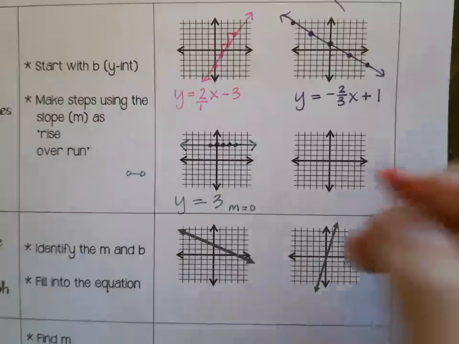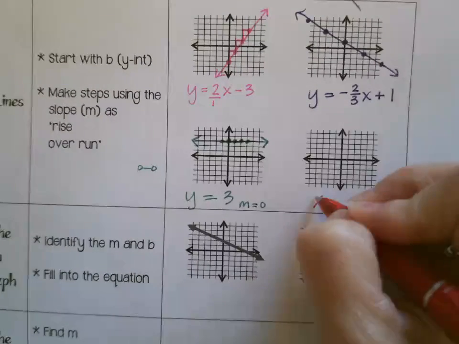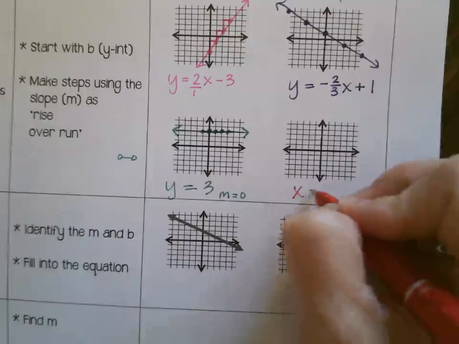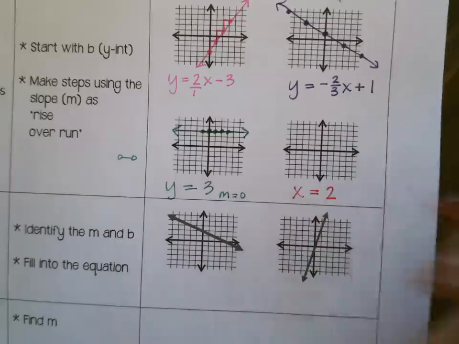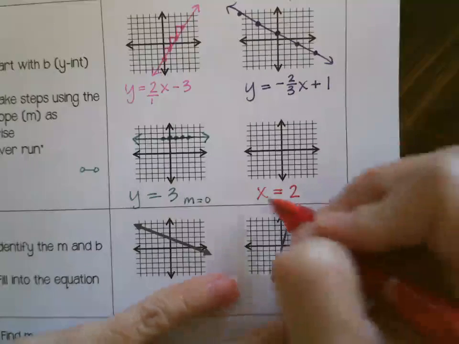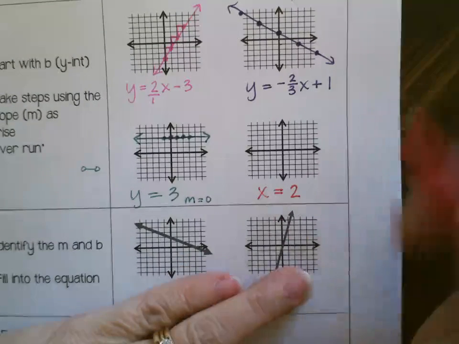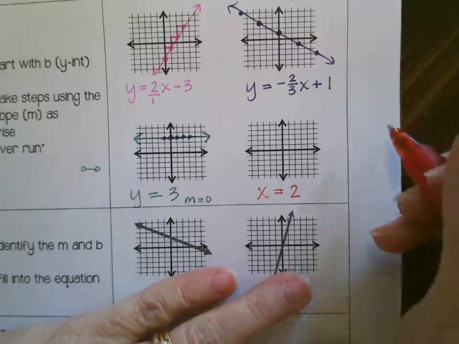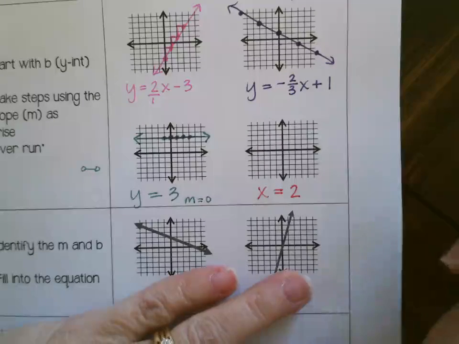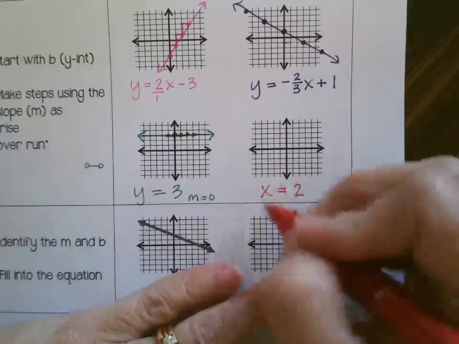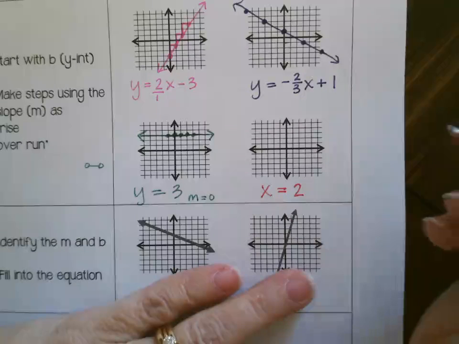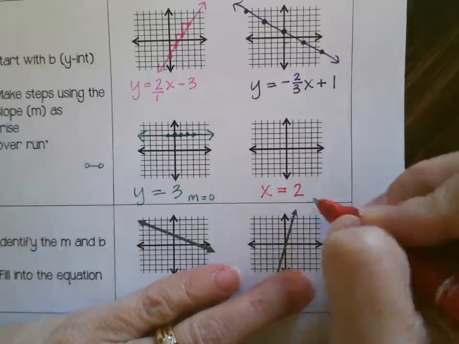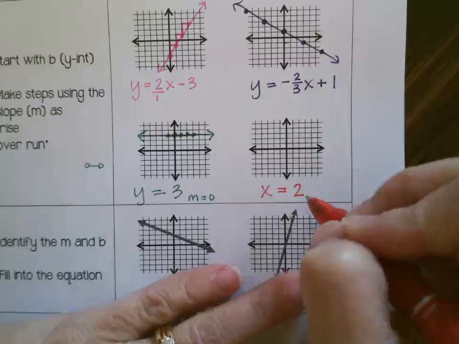All right, last one for here. Let's do x equals 2. Now, when I think about this, I think of the form y equals mx plus b. And I can't write this as y equals mx plus b. So what this tells me is that there's a problem with this line.